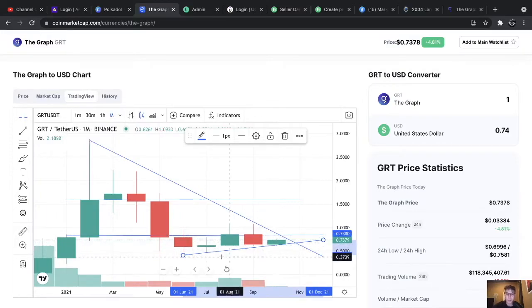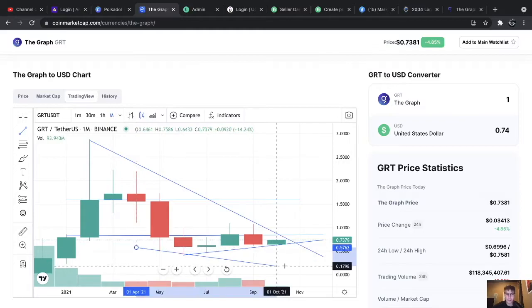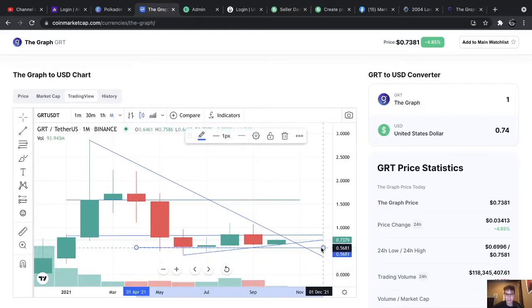However, you do have a really good support right around this range at 59 cents. If we look at the price it's currently at, that's not the greatest return, considering it's at 73. It can go down to 59 or it can go up to 83. So loss is greater than reward.